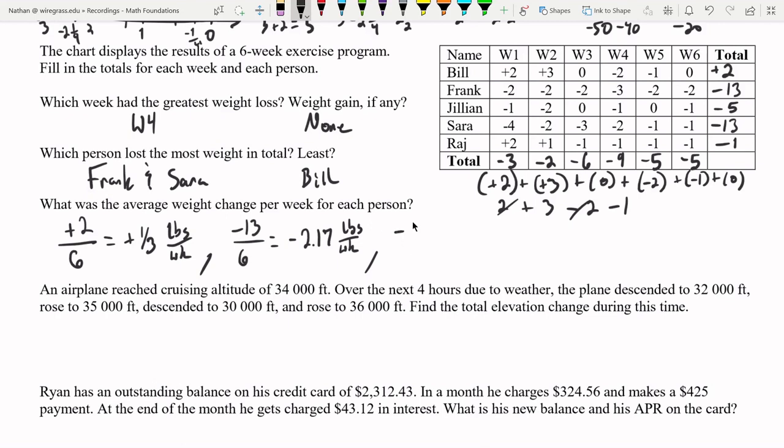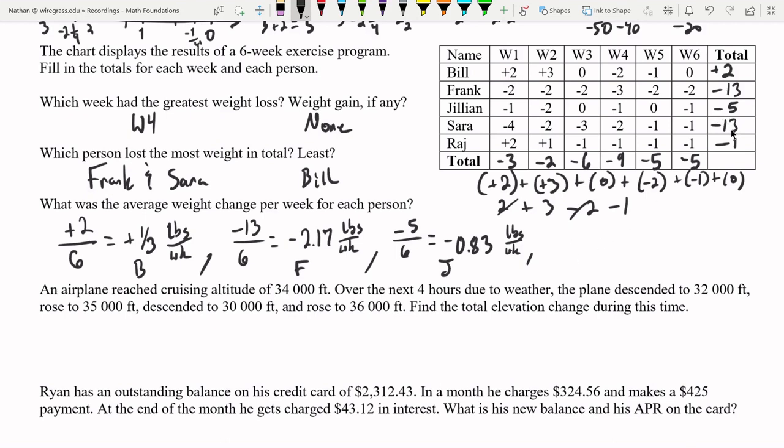Jillian lost 5 pounds for the entire time, and then 5 pounds over the 6 weeks. That's going to be negative 0.83 pounds per week. So this was Bill, Frank, Jillian.